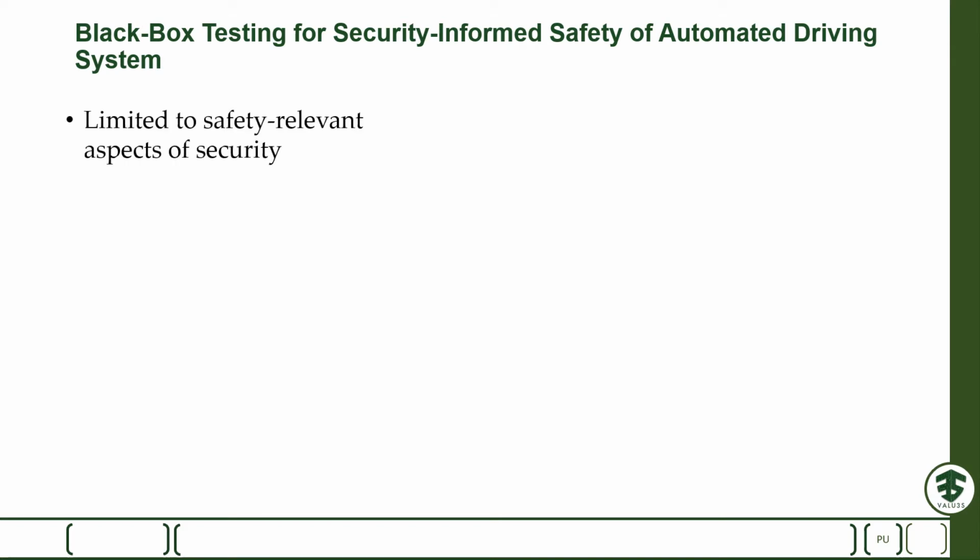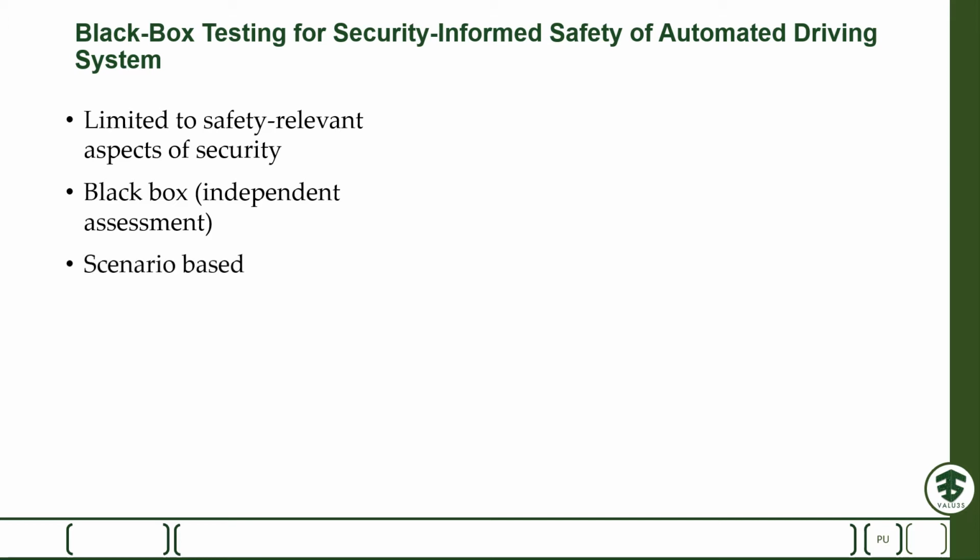The method we are looking at here is limited to safety relevant aspects of security, which means that confidentiality and privacy issues are not relevant for this method right now. It is black box, which means that we assume limited insights into the implementation of the system.